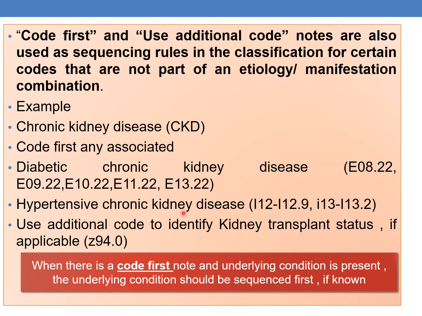If the patient is both diabetic and has chronic kidney disease, first we must use the code for diabetes followed by the code for CKD. Similarly, if the patient has hypertension and CKD, first you sequence the hypertension code followed by the CKD code. And additionally, if you have any kidney transplant status, we must use the Z94.0 code.